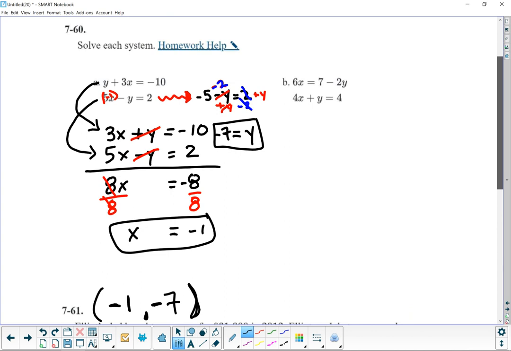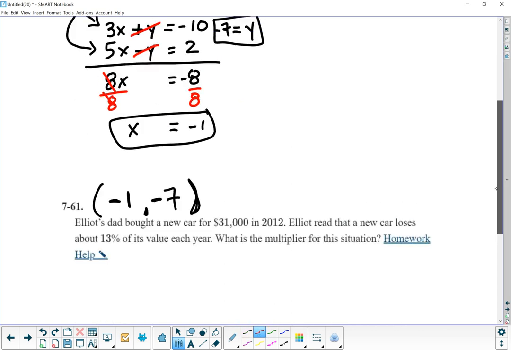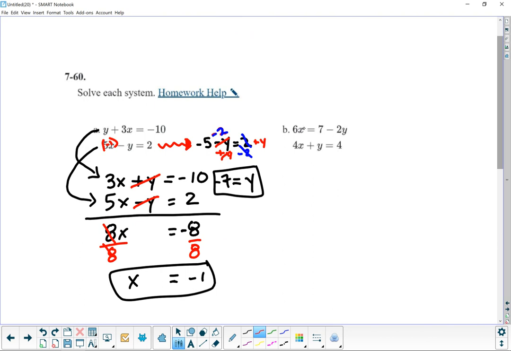All right, this next one right here, I'm going to do the same method, but this time I'm going to fix this. Notice how x is in the front, and then the y is all the way on the right-hand side. So I'm going to bring this back over by doing the opposite, which is adding 2y.